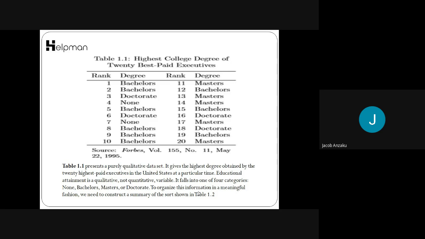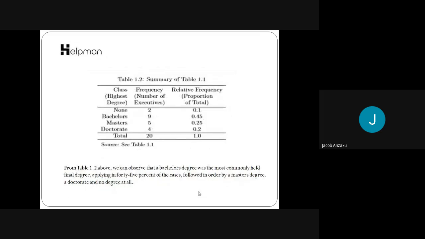Now, we can also organize this information in a more meaningful fashion. To do that, we will need to construct a summary of the sort that will be shown in table 1.2. This is a more fashionable way of presenting the data that we have seen in table 1.1.